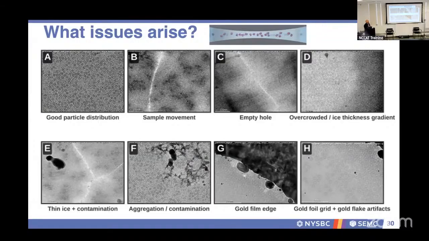The idea is that you get something like panel A where you have wonderful particle distribution, but even if you have good particle distribution across your grid, you could have several different types of ice, and that could be less efficient for your data collection. For example, in panel F or H, you can probably still process through that nowadays, but that can lower your efficiency.